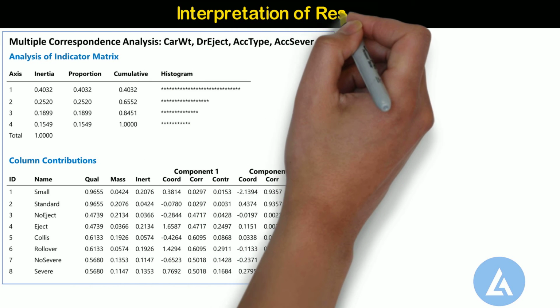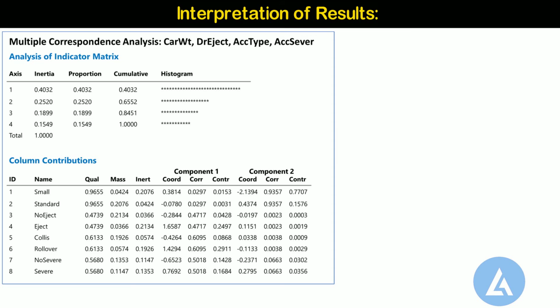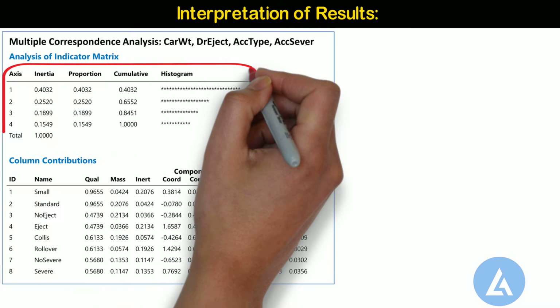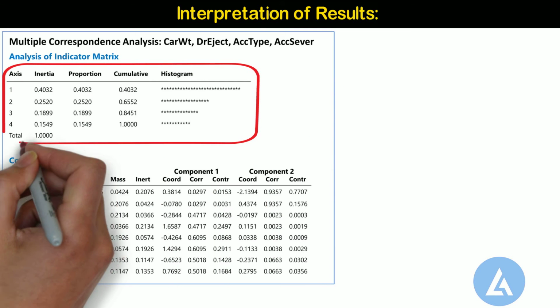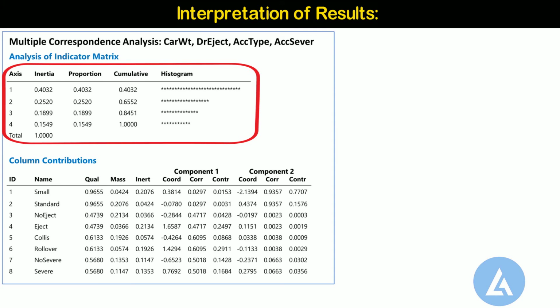Interpretation of results. The analysis of indicator matrix shows the decomposition of total inertia into 4 components. The total inertia explained by the 4 components is 1. Out of the total inertia, the first component or axis accounts for 40.32% of the inertia, and the second component accounts for 25.20% of the inertia.